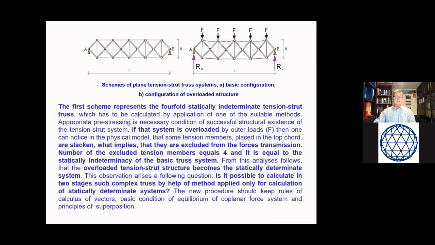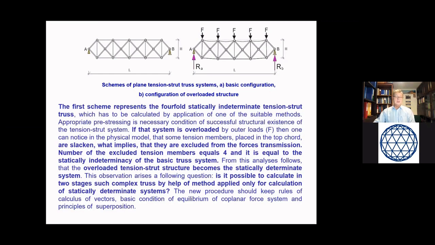Therefore, the scheme of the overloaded structure shown on the right-hand side represents a statically determinate truss or system. The number of excluded tension members equals 4, and it is equal to the static indeterminacy of the basic truss system.